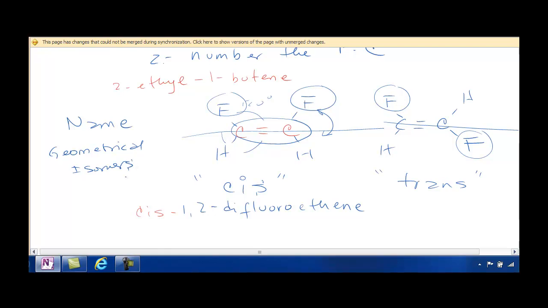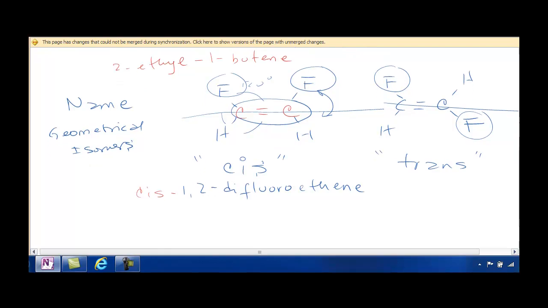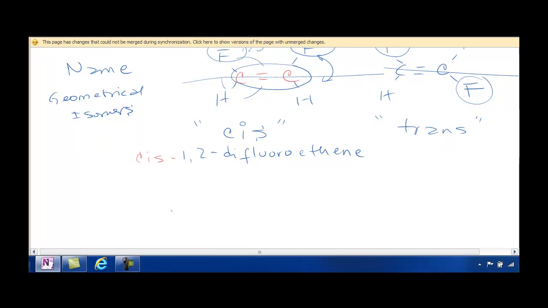So you zero in on that double bond, and you realize that those carbons in the double bond have a valence of 4, are going to have 4 bonds. Of the 4, 2 are taken for the double bond, and the other 2 need to have different groups attached to them. Okay? So if I have, I'm going to ask you to name something else for me.